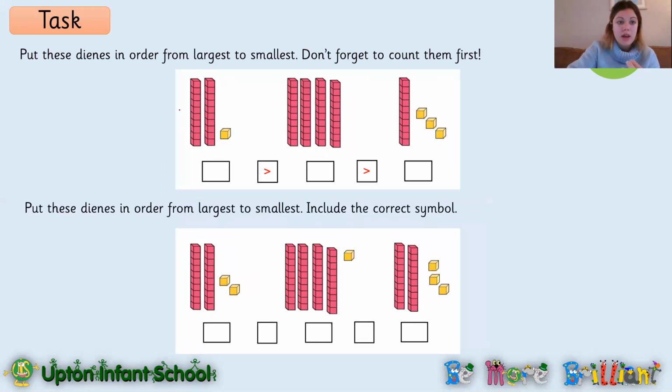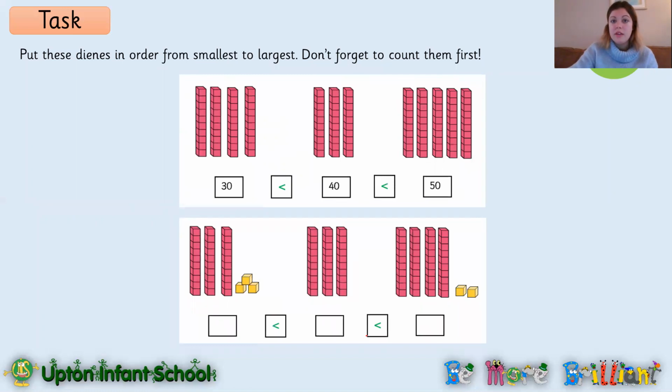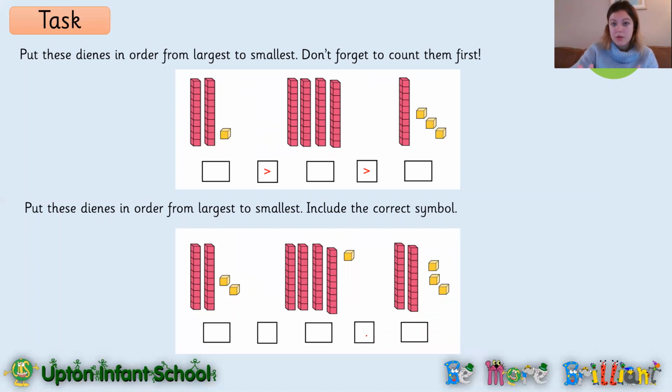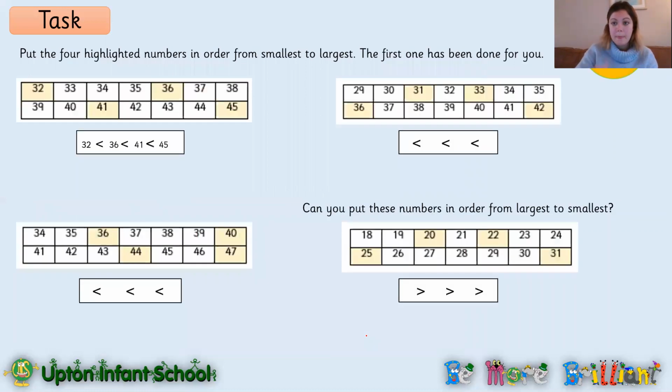And then on this side, you have to put the numbers in order from largest to smallest and count them first. And then for this question, you have to do largest to smallest again, but the symbol is missing, so you need to also put the right symbol in. Okay, so pause the video on this screen first, and then this is your second bunch of questions.